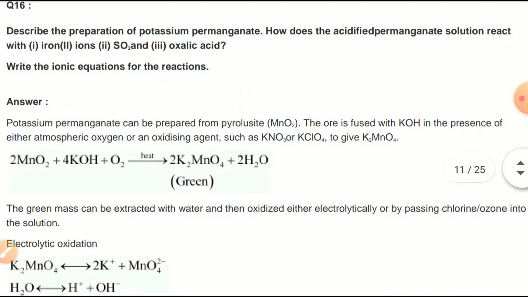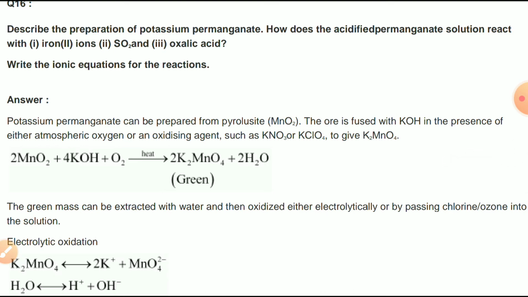Question number 16. Describe the preparation of potassium permanganate. How does the acidified potassium permanganate solution react with iron ions, SO2 and oxalic acid? Write down the ionic equations for the reactions. Now, potassium permanganate can be prepared from pyrolusite ore. Pyrolusite means manganese dioxide.